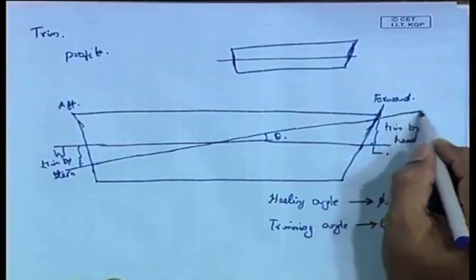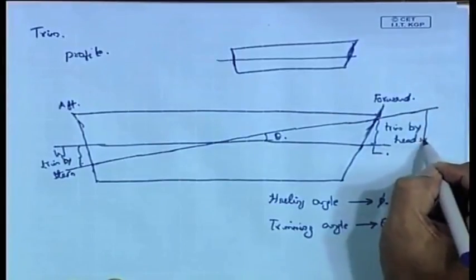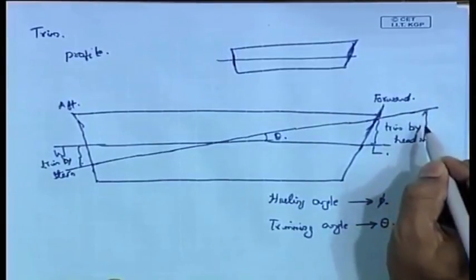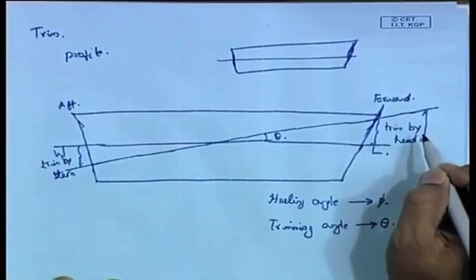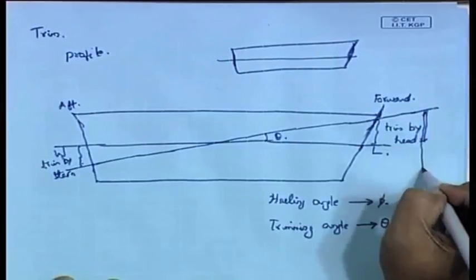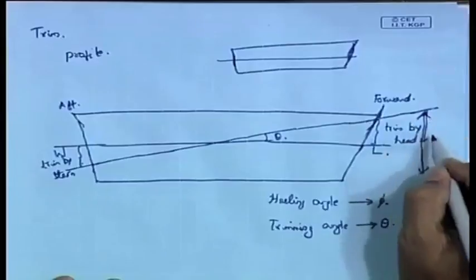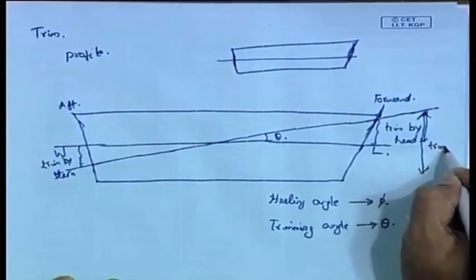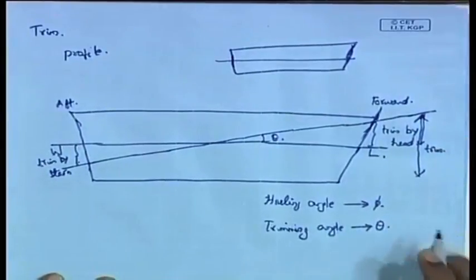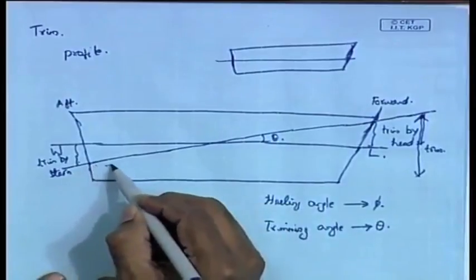So, we have this trimming, and there is a slight ambiguity or vagueness about what you really call the trim. For example, in this figure, the trim by head can be called a trim, the trim by stern can be called a trim, or the whole distance between the forward and aft trim can be called the trim itself.